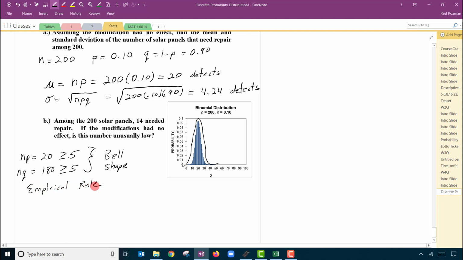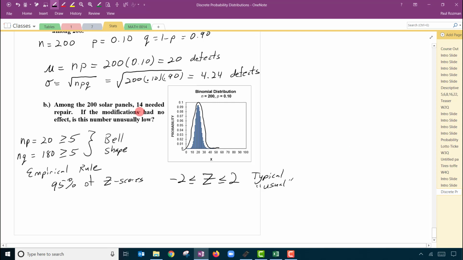And since we have the bell shape, we can apply the empirical rule. The empirical rule said that 95% of all scores are within 2 standard deviations of the mean, meaning a z-score between -2 and +2 is very typical or usual. So is 14 an unusual result? That's what we're getting at here.